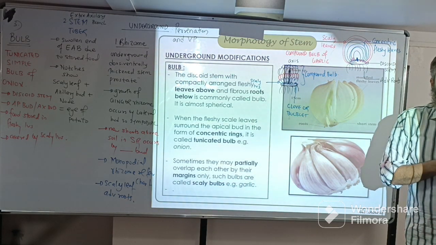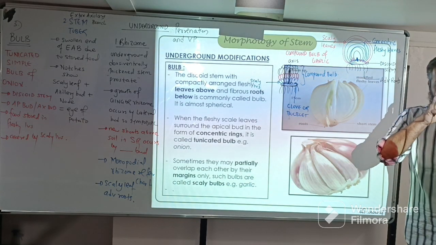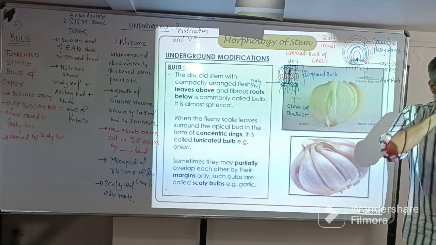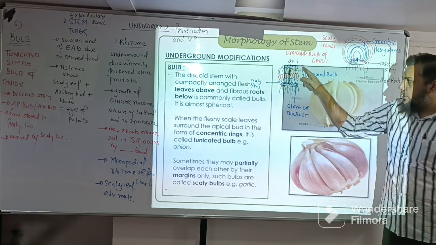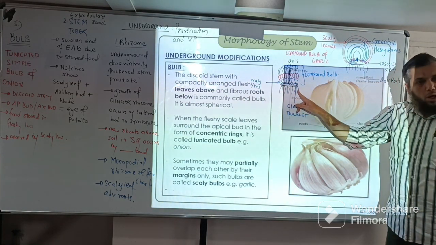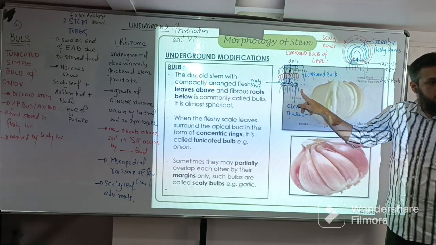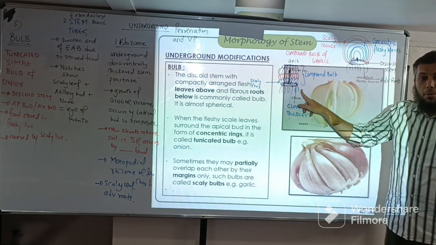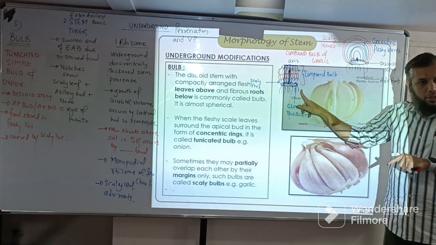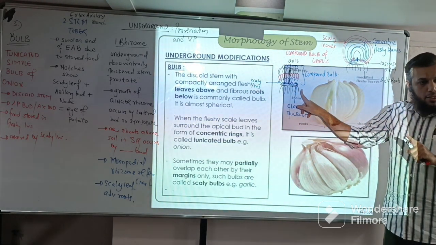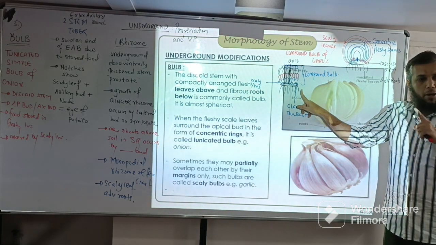So when do you use the word compound? When many units come together to form one whole part. So this whole part will be called a bulb, but it is made up of many bulblets. What is my point? So garlic is an example of a simple bulb or a compound bulb?